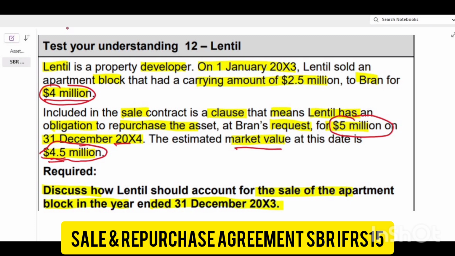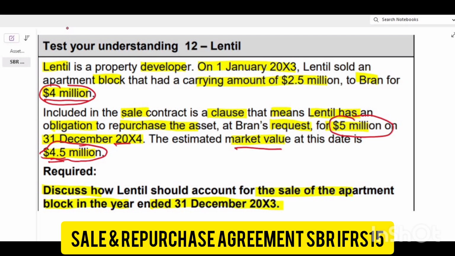So what do you understand from this? This indicates that Brain would have a significant economic incentive to exercise the repurchase option. This is the put option. They have to exercise the option. Clear?